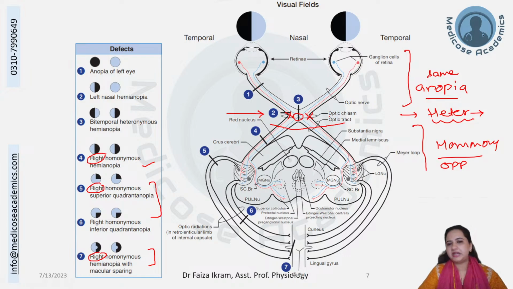Usually either it is a complete loss or only the central fibers because of the pituitary tumors that you will relate in your endocrinology. But it is very rare to have an injury of only the temporal fiber. So it's very unlikely that you will have a scenario of binasal hemianopia, but bitemporal heteronymous hemianopia is very, very common, and the rest are all homonymous hemianopias on the opposite side.